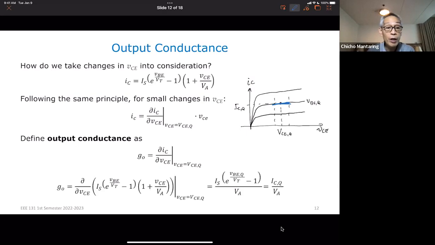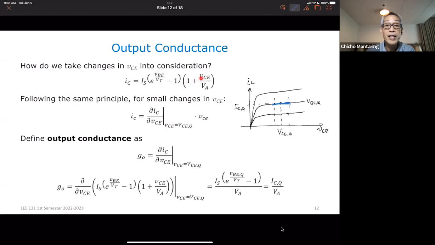And if I compute for G sub O, so I just get the partial of I sub C with respect to VCE. So if I'm differentiating I sub C with respect to VCE, this term is going to be a constant. So pwede nating ilalabas natin to, no? And then you now have to get the derivative of this with respect to VCE. The derivative of 1 is equal to 0.